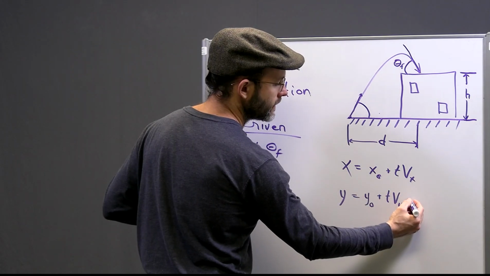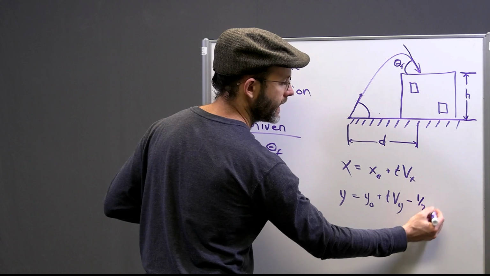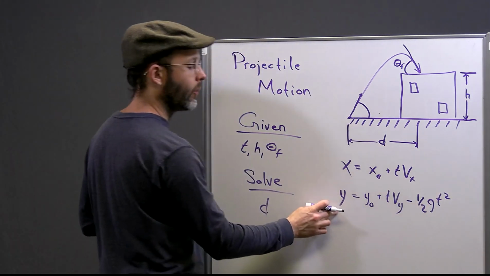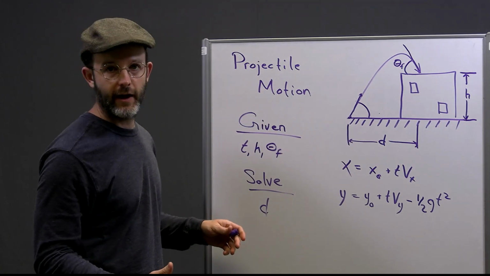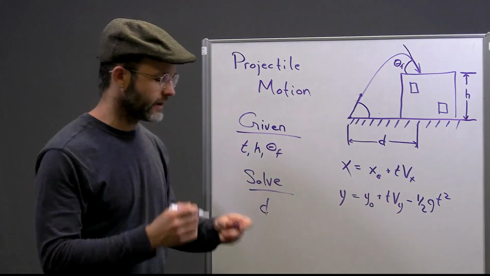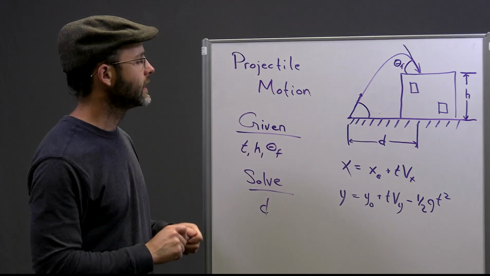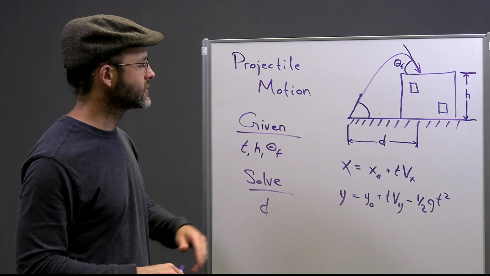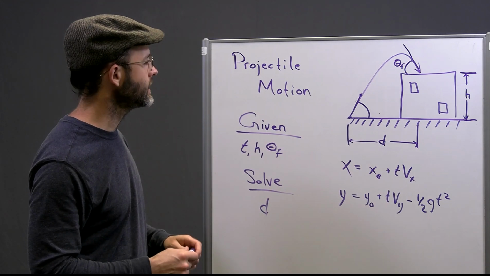And then minus 1/2 g t squared. This last term in the y equation is the effect of gravity. It's the gravitational field strength, g, times the square of the time divided by 2. Common enough equations. They shouldn't be too unfamiliar, hopefully.